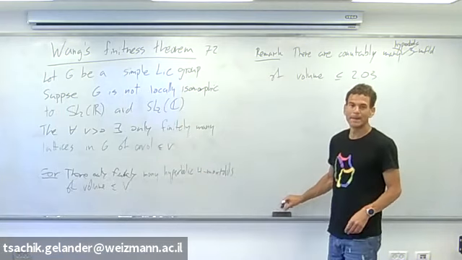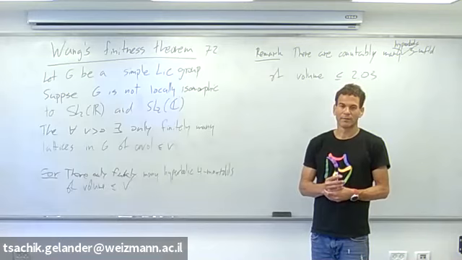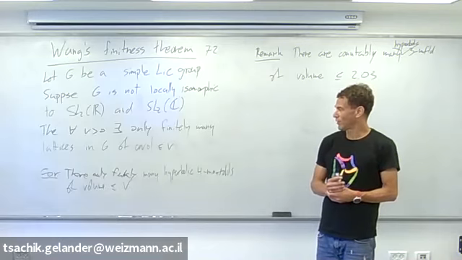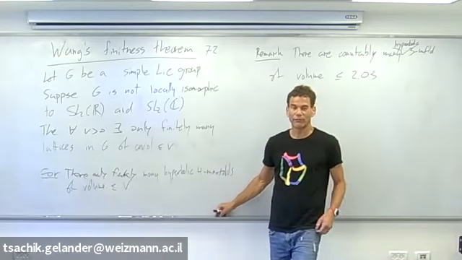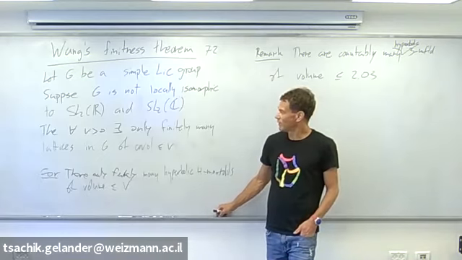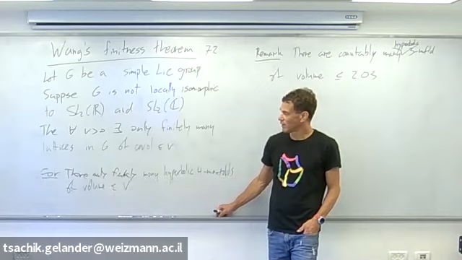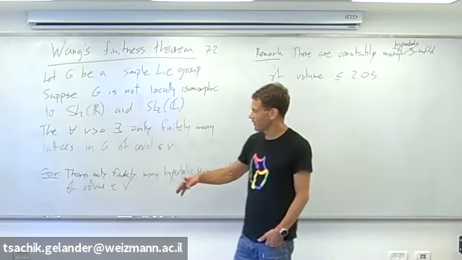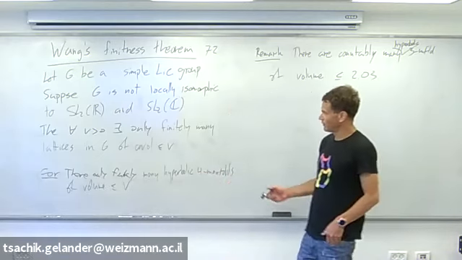Tsachik, it means that lattices can't be very close to each other. This is local rigidity. Local rigidity says that lattices cannot be very close to each other. But here it's more than that. Yes, it's related.